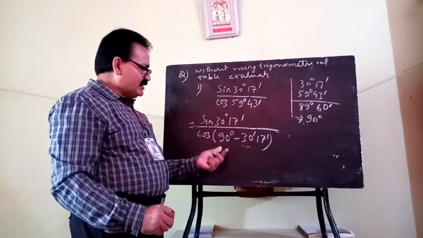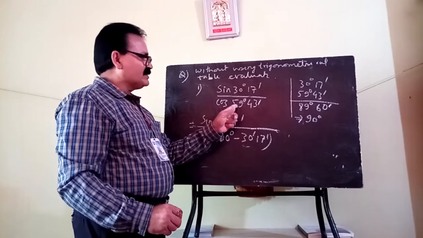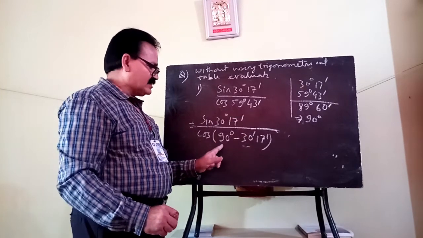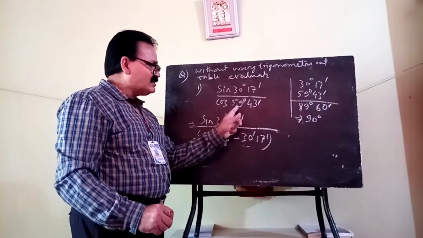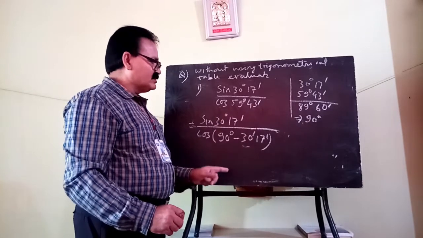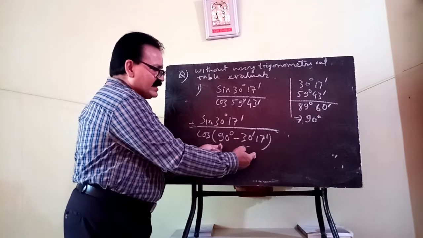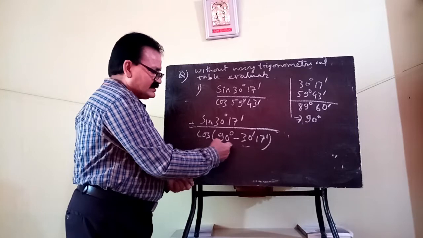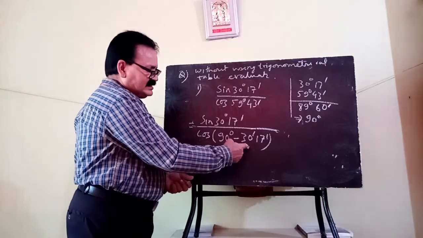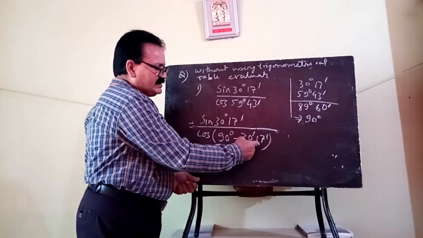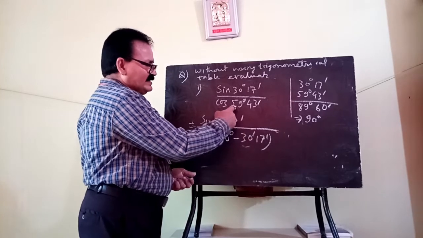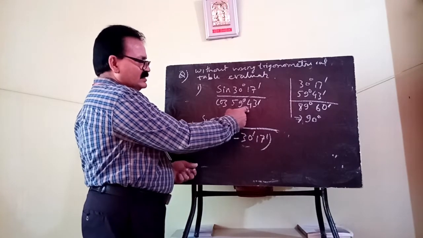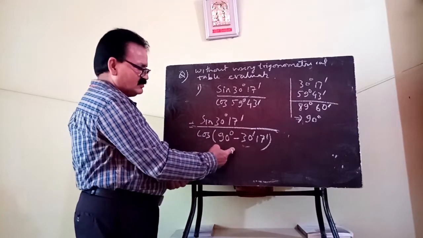Okay, so that means you have converted 59 degree 43 minute as 90 minus 30 degree 17 minute. Instead of 59 degree 43 minute, you have changed the angle by subtracting, so that 59 degree 43 minute can be replaced by this value.